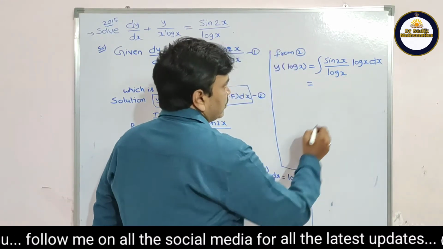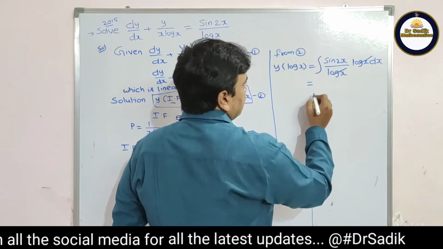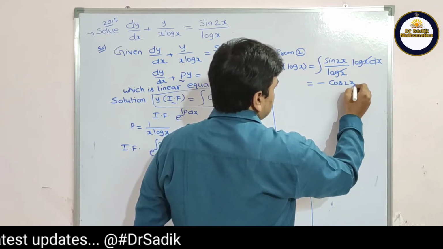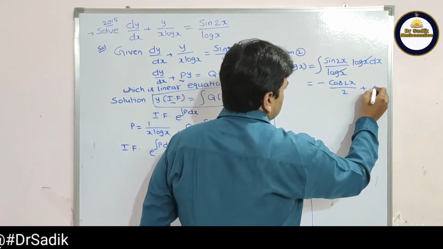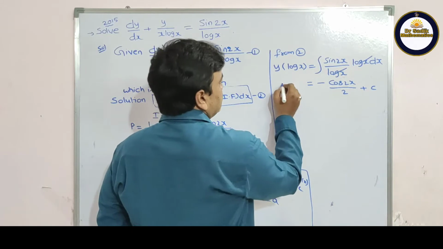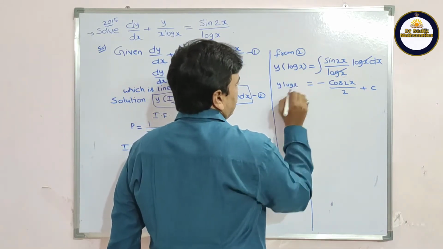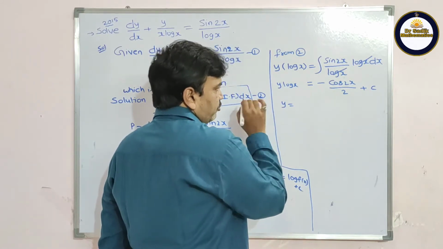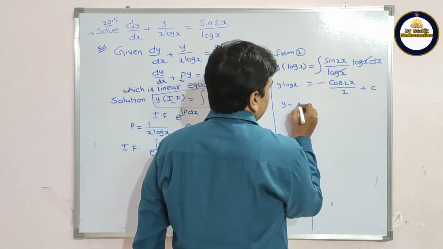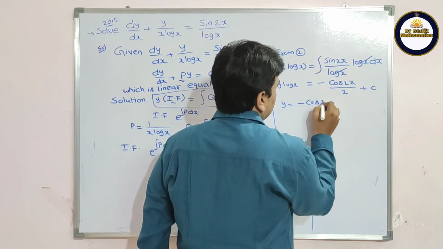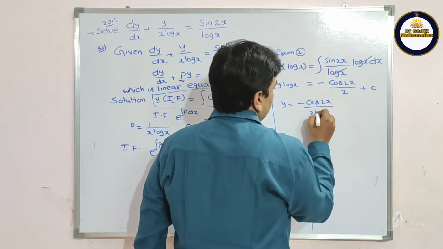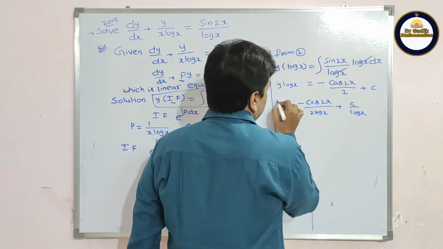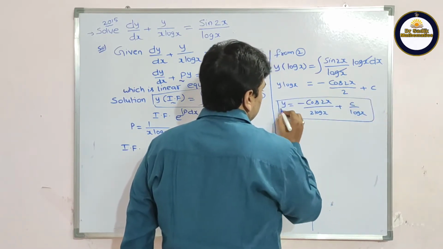The log x cancels. The integral of sin 2x is minus cos 2x by 2 plus c. So this is y log x. Now divide with log x, and we get y is equal to minus cos 2x by (2 log x) plus c by log x, which is the required solution.